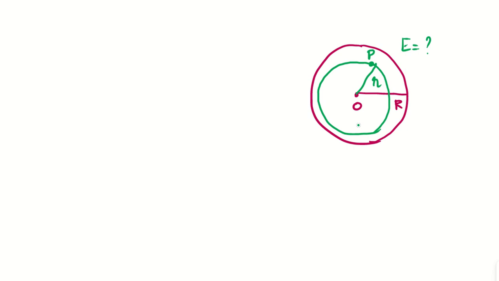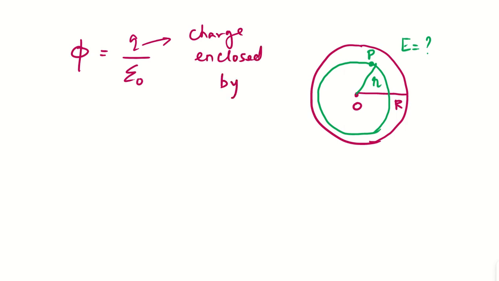Now let us write Gauss law. Gauss law is phi equals q divided by epsilon naught, where q is the charge enclosed by the Gaussian surface. Look at this picture.